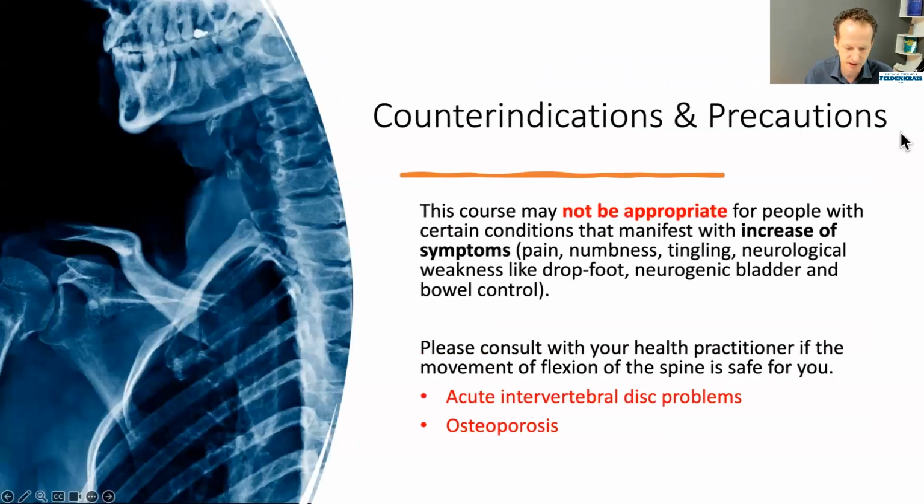Some contraindications and precautions, because of course, there are certain conditions where flexion is not indicated, for example, osteoporosis. There will be a lot of questions, I bet, from the audience. Should I do this course if I have osteoporosis or if I have osteopenia?